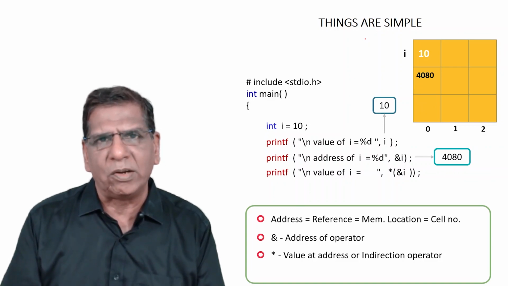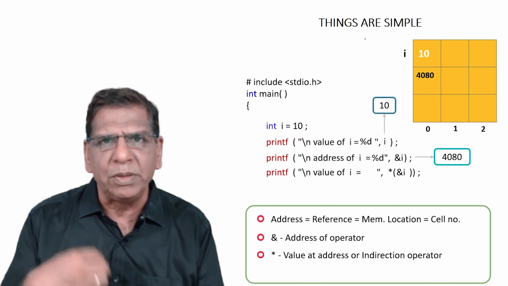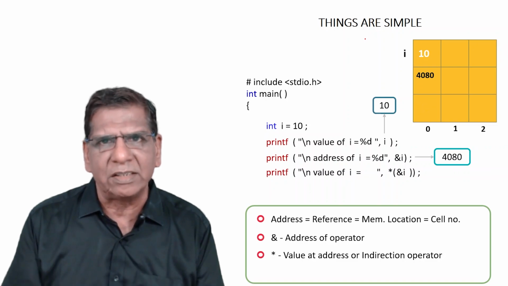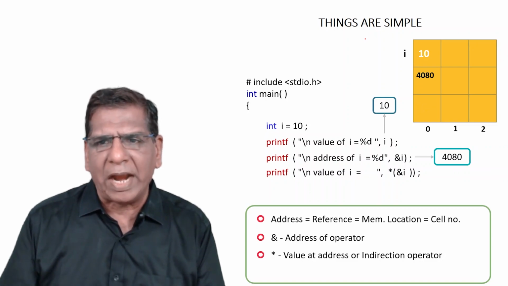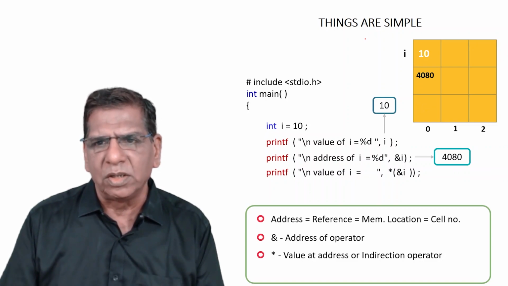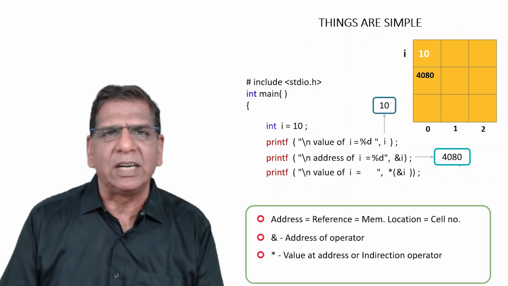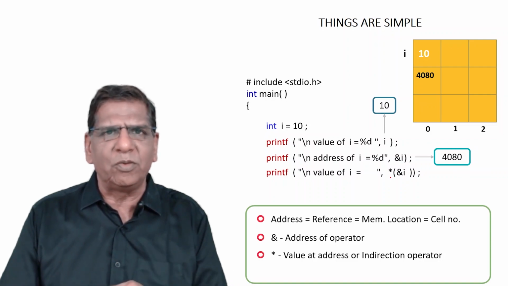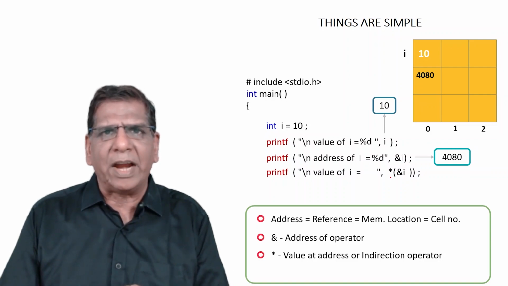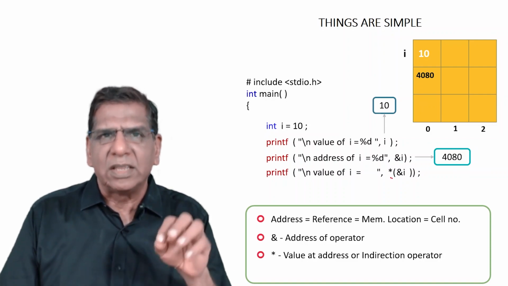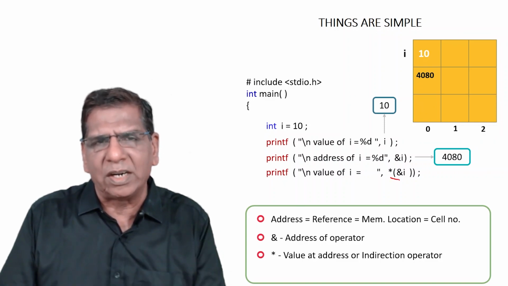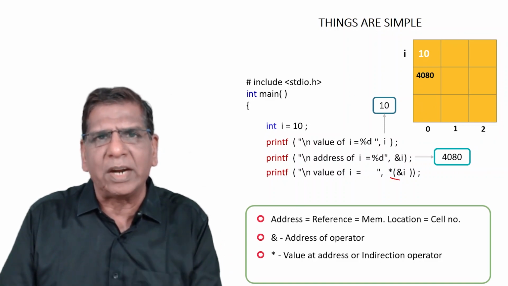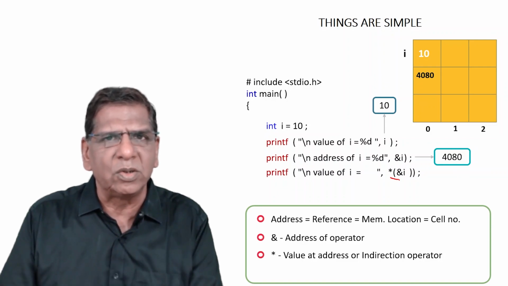Out of these two, value at address and indirection, to me what makes more sense is value at address. Because if &i gives you 4080, then if you treat star as indirection operator, indirection of 4080 is not very meaningful. Instead, if &i gives you 4080, then star if you take as value at address, you can say get me the value at address 4080.